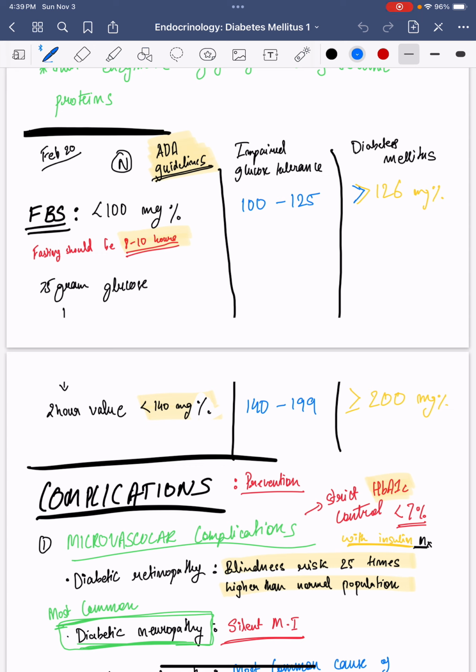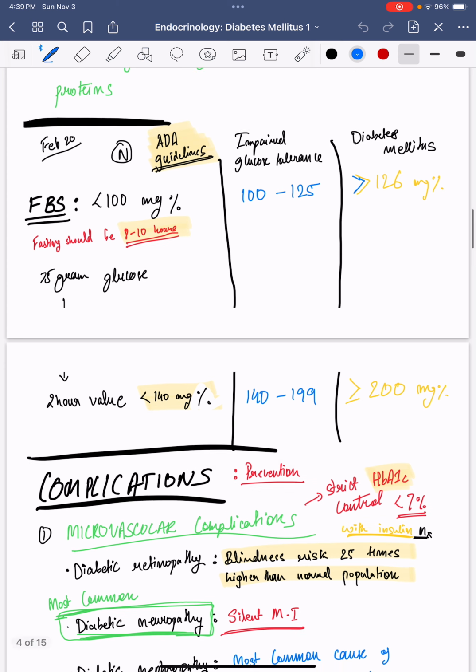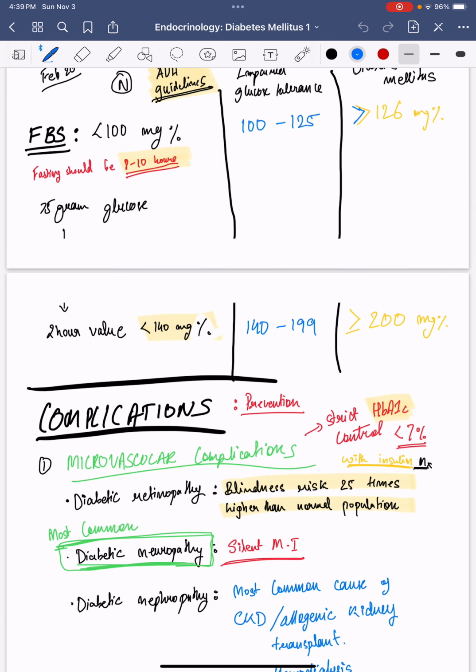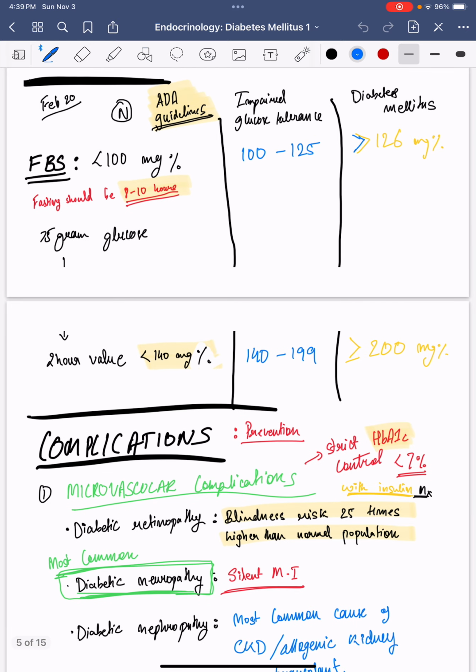For fasting blood sugar, the patient should fast at least 8 to 10 hours before the value is taken. If we give the patient 75 grams of glucose and take the postprandial glucose value, the value of a normal individual should be less than 140 milligram percent. In pre-diabetes or impaired glucose tolerance, the value will be between 140 and 199, and in diabetes mellitus the value will be more than or equal to 200 milligram percent.